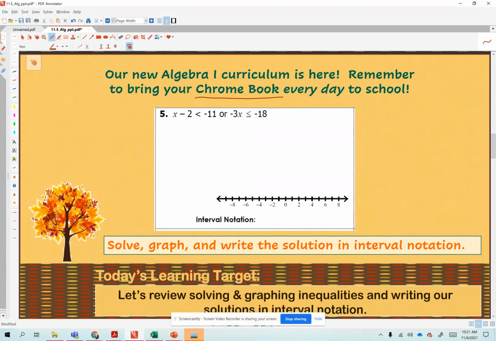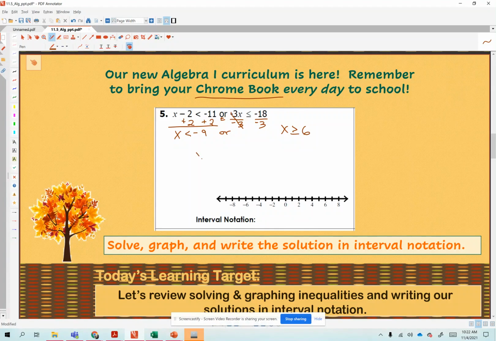Okay, so we've got an OR inequality here. So let's solve each side separately. So if we add 2 to each side of the first one, we have x is less than -9, or -3x is less than, let's divide by -3, which will give us, flip the inequality symbol, x is greater than or equal to 6.